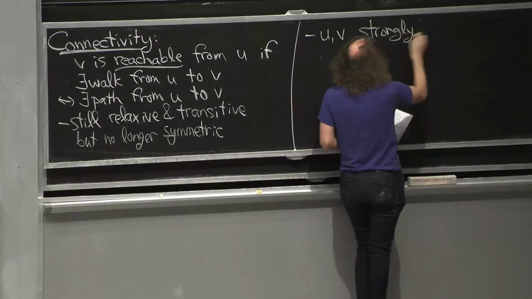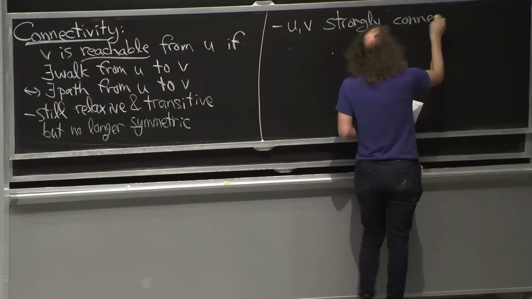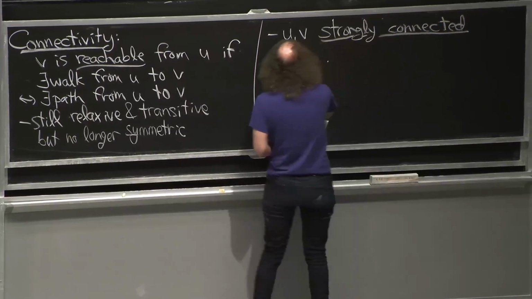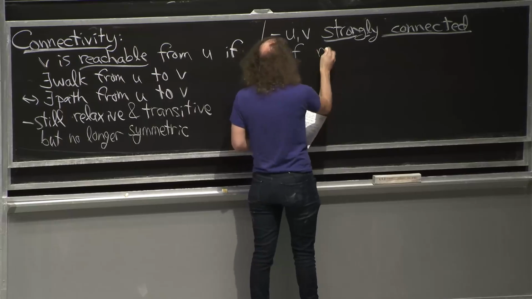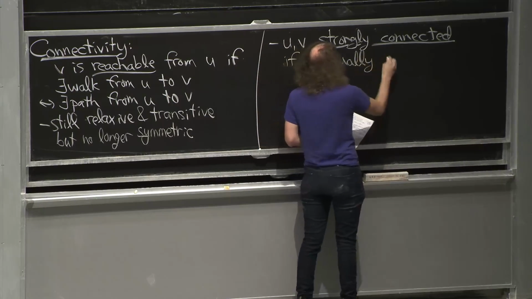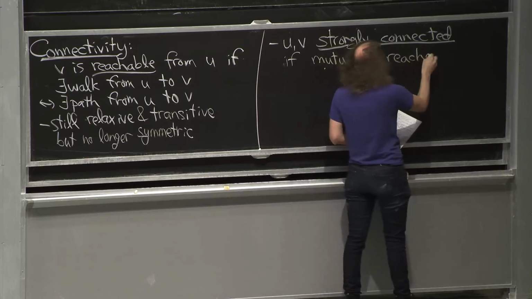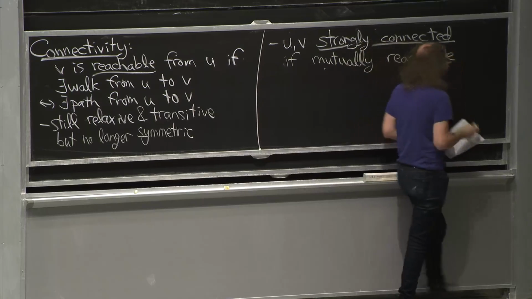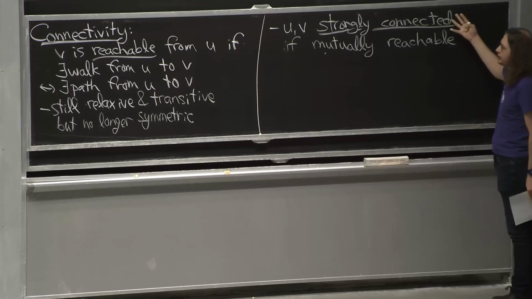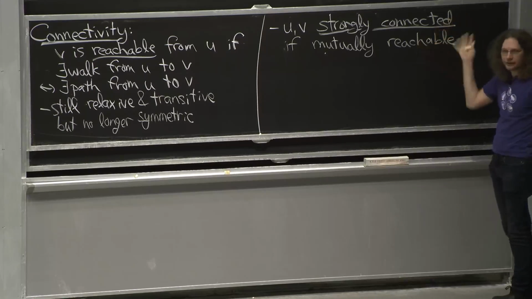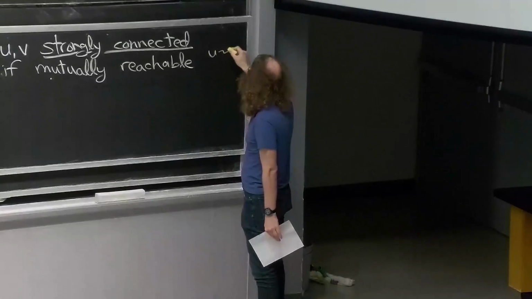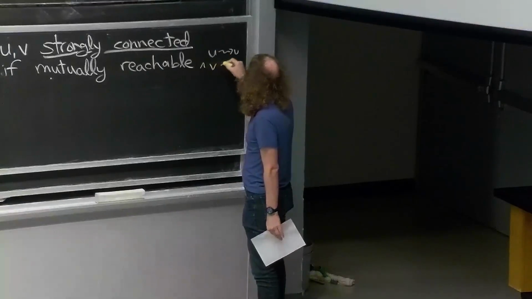First, say two vertices u and v are strongly connected in a directed graph if they're mutually reachable. In other words, u can reach v and v can reach u. Okay, this behaves symmetrically. If u and v are strongly connected, then v and u are also strongly connected, sort of by definition.